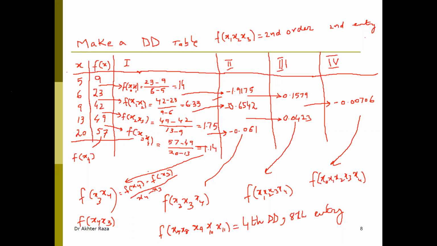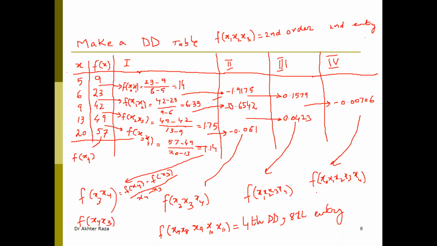If I write f(x3) first and f(x4) later, and x3 first and x4 later, the minus sign will be here and the minus sign will be here, and both minus signs will cancel out. So divided differences are independent of the sequence of the arguments in the bracket.